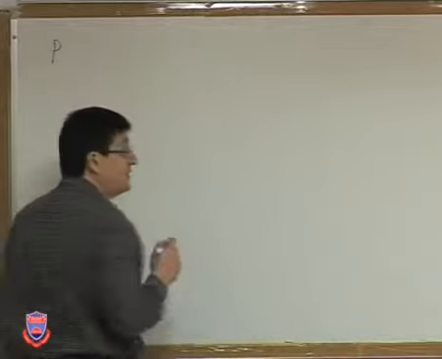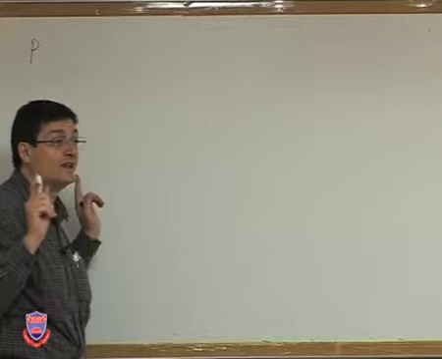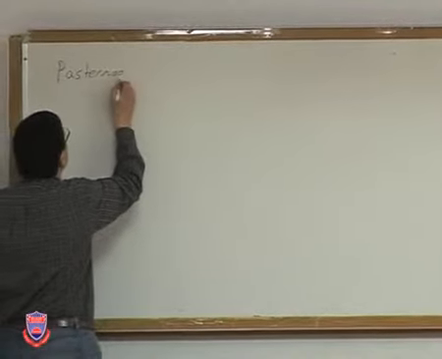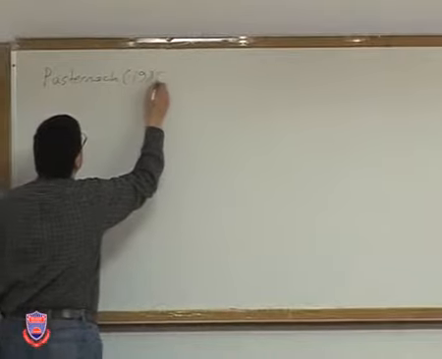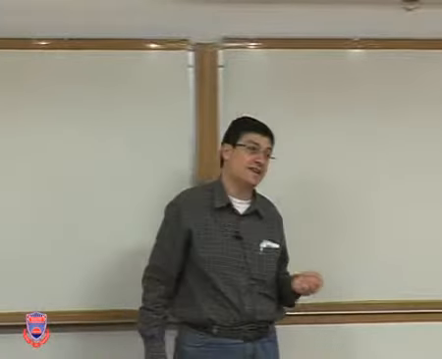I'm not sure were you able to find any time to read this? Okay, no problem, because this is a relatively easy one. But I would suggest that you read the others because they are not as easy to understand. Now, this is an early paper by Pasternak in 1985.